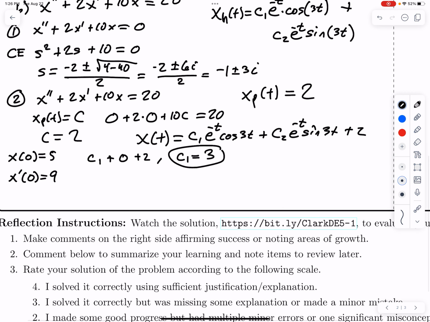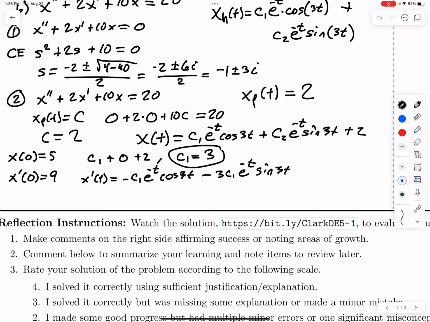And then I'll have to take the derivative. When I take the derivative, I need to be a little bit careful here. What would be x'(t)? I guess negative c1 e^(-t) cosine of 3t minus 3c1 e^(-t) sine of 3t.